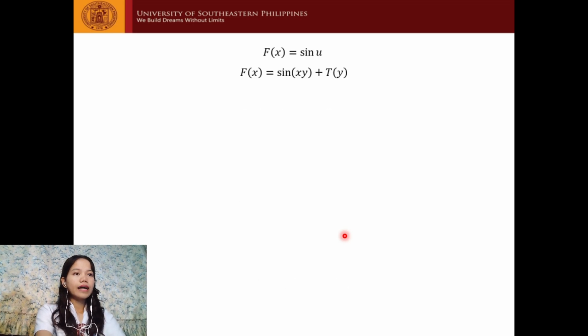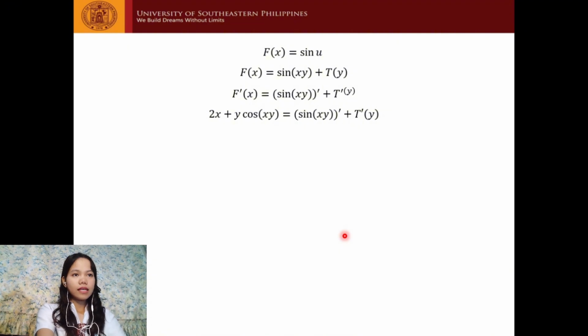Now, what we have is f equals sine of xy plus t of y. And now, the partial derivative of f with respect to x equals the derivative of sine of xy plus t prime of y. And now, this is equal to 2x plus y multiplied by the cosine of xy equals the derivative of sine of xy plus t prime of y.